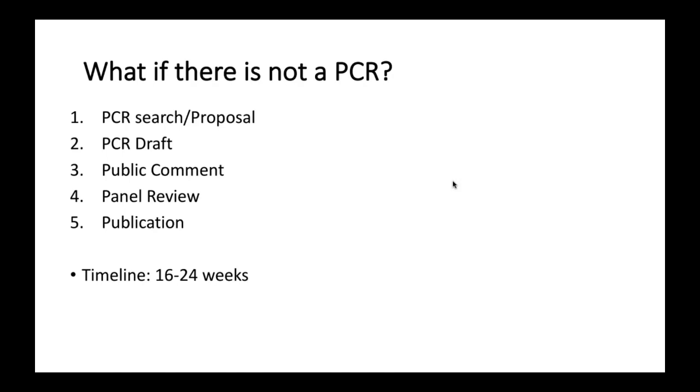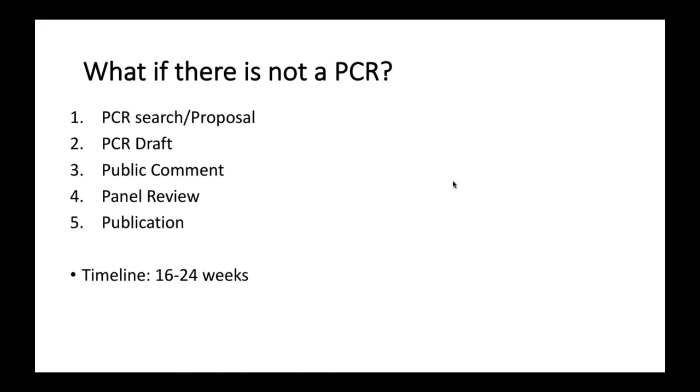A few more slides. Great. So this is basically bringing up if you don't have these rules in place. If you have a specific product type and you're trying to figure out what exactly you should be analyzing in these life cycle assessments, if there isn't a PCR available, we also have some steps here for the typical process that you would go through to get this approved.